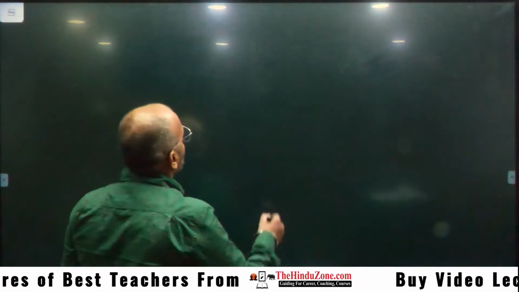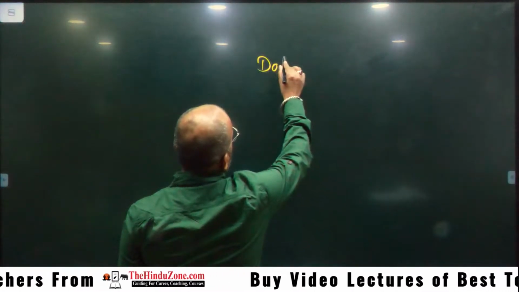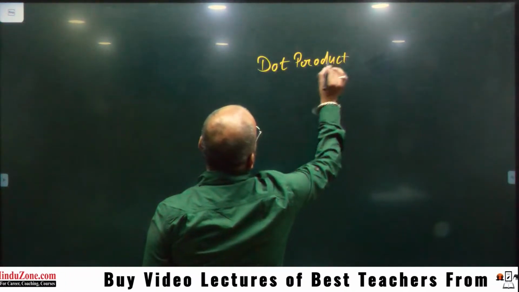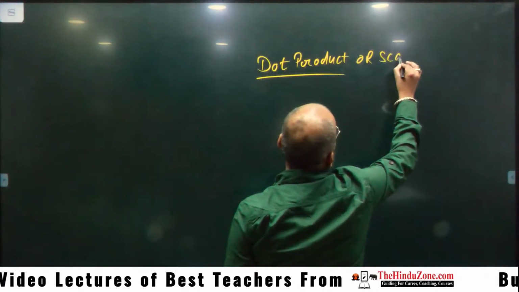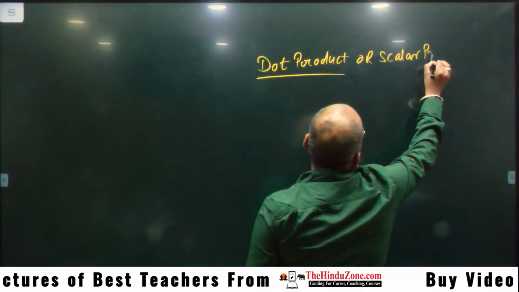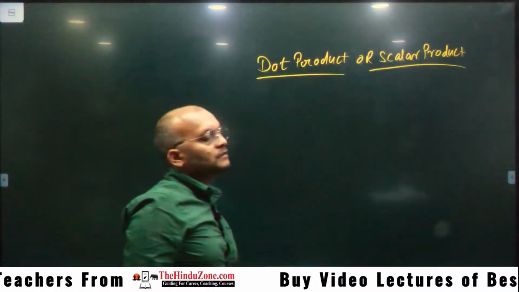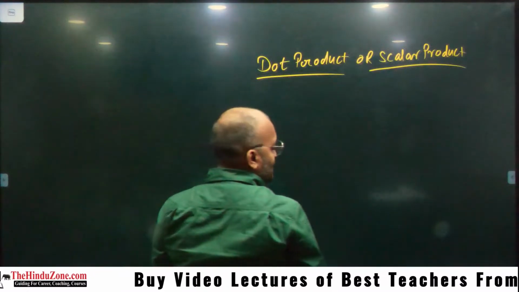Okay, come here. Let's talk about dot product of vectors, and I will be asking questions, so be ready and answer it. Dot product, also known as scalar product. Why do we call it scalar product?